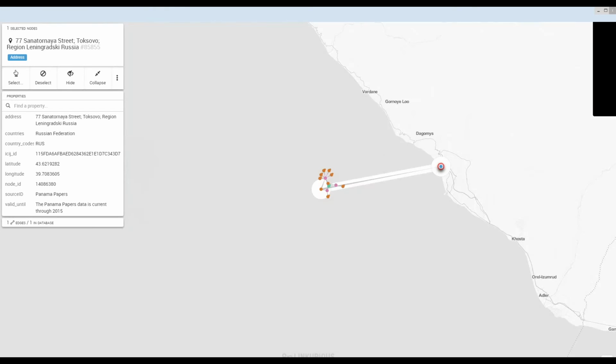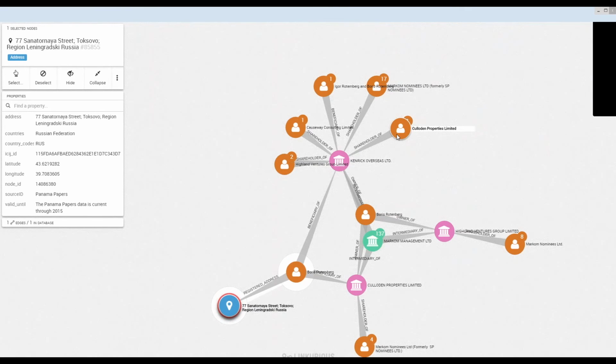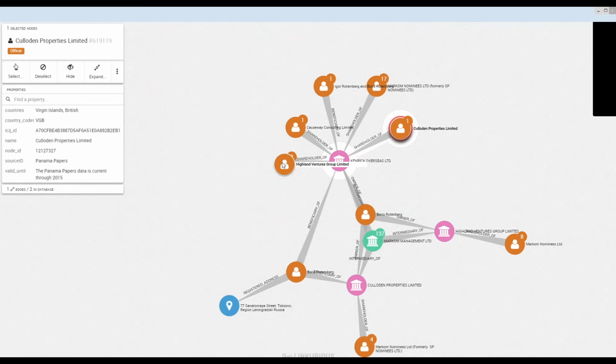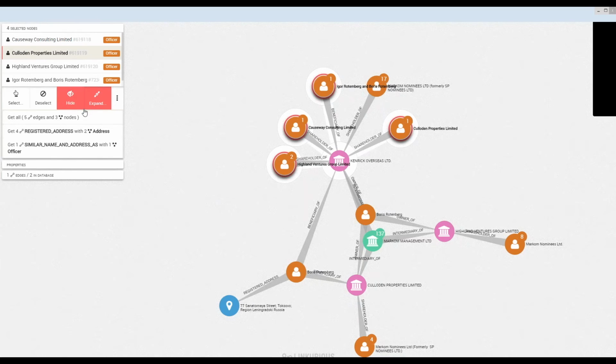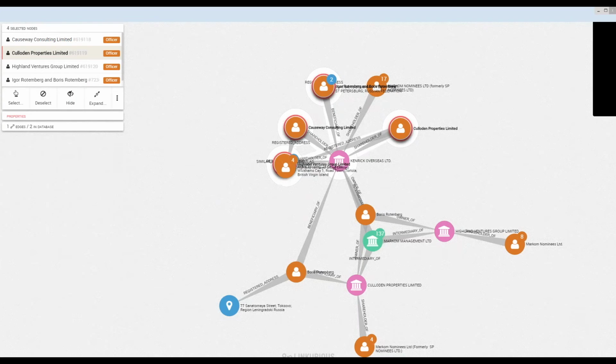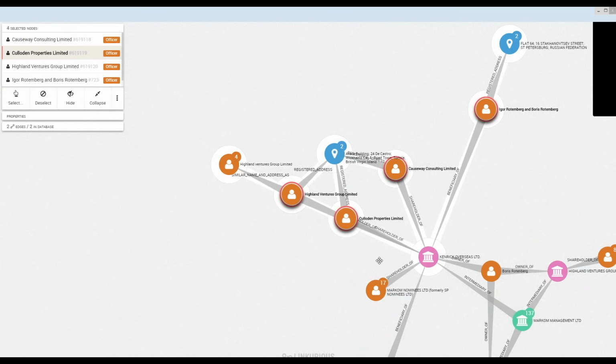Okay, going back to the visualization now, and I'm going to select this company, this company, this company, and this company to expand them and see if they are connected to other entities. So I'm going to expand all of their relationships at once. And we have a few more things which appear.